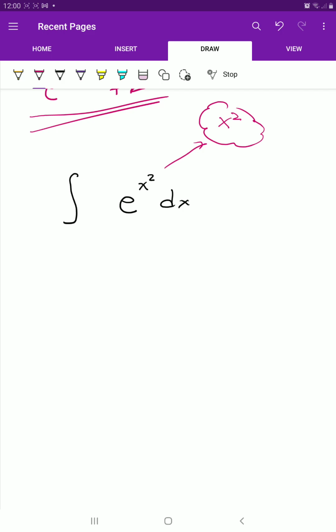Think in your head the derivative is equal to 2x. But is that 2x in here, in the question? It's not. So therefore this one cannot be solved. So let me just rewrite the question.